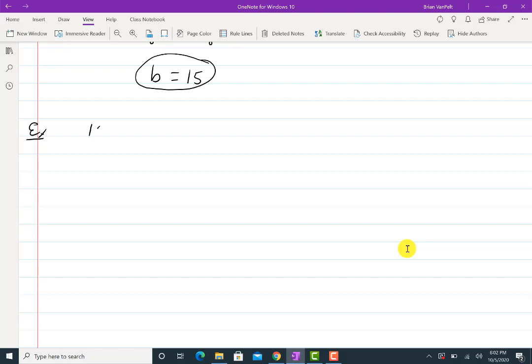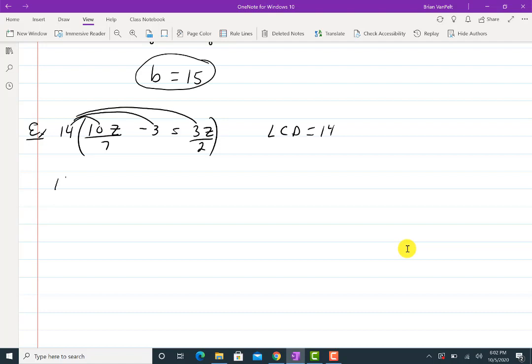Next, I have 10Z over 7 minus 3 equals 3Z over 2. Here, the LCD between 2 and 7 is 14. So let's multiply everything by that. So I get 14 over 1 times 10Z over 7 minus 14 times 3 equals 14 over 1 times 3Z over 2.